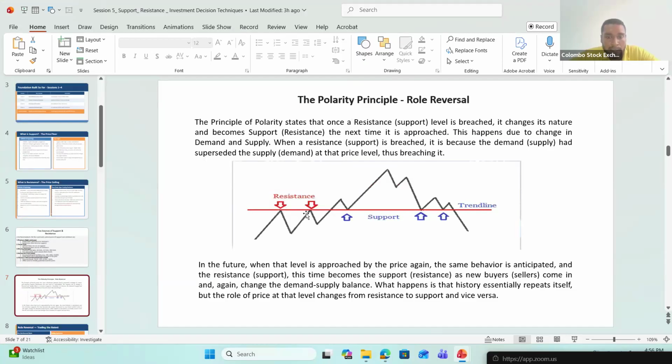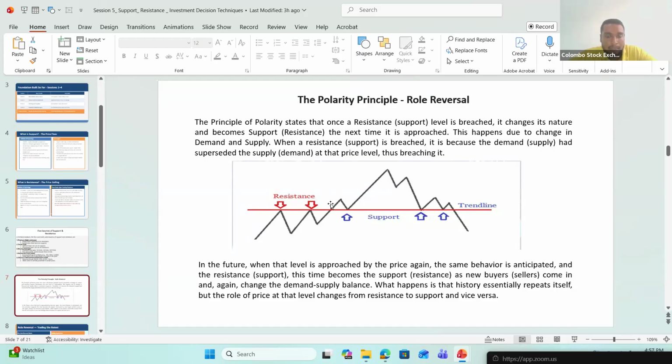Here, look at the price movement. When the price is moving like this, this level acted as a resistance level, right? But again, at this point, the price has broken out from that level. That means this previous resistance becomes a support level now, because price has been rejecting this level before, but now the buyers managed to pass that level, right?